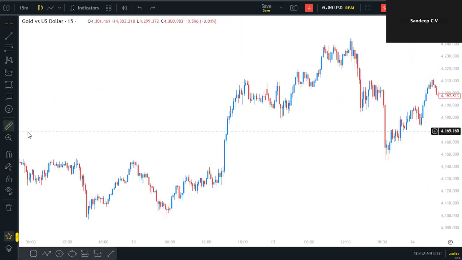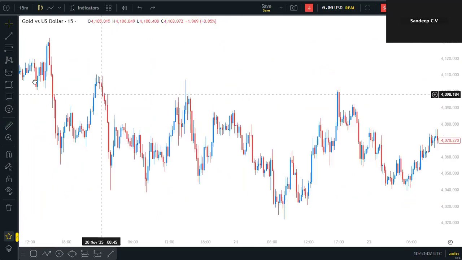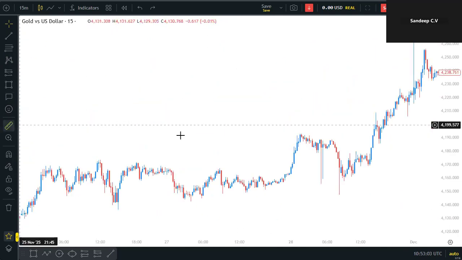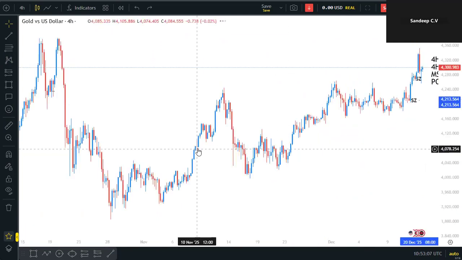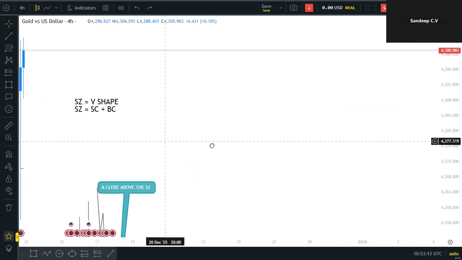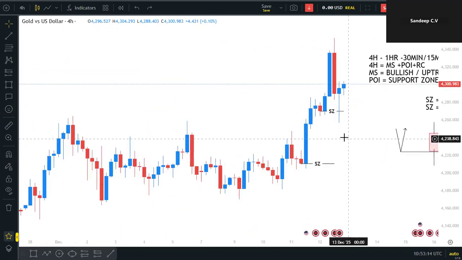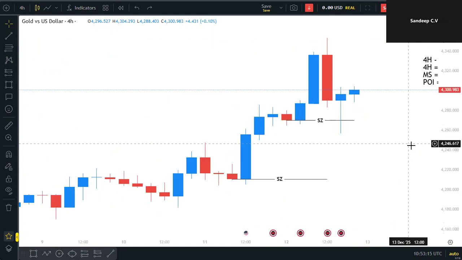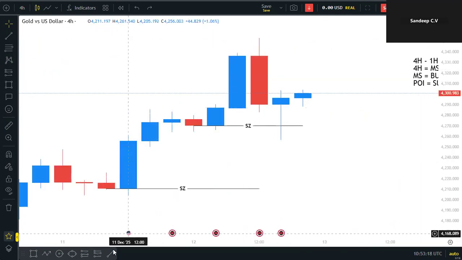So in respect to this class, for this coming week, what I expect on gold at that support zone where we marked, that is here. So this is on the 4 hour. And remember that there is a strategy that I also apply.